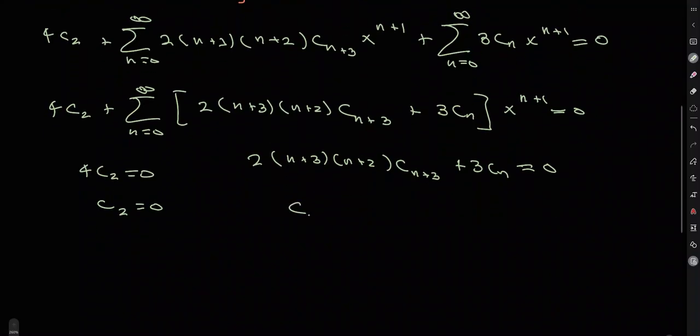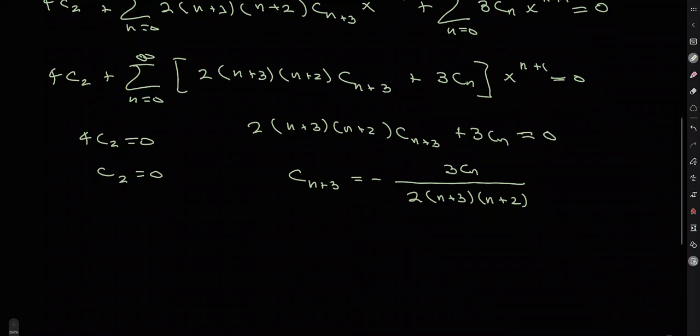So that's going to leave us with the following: c sub n plus 3 equals negative 3 c sub n divided by 2 times n plus 3 times n plus 2. Okay. All right. So now everything we have here is providing us with a lot of very important information.